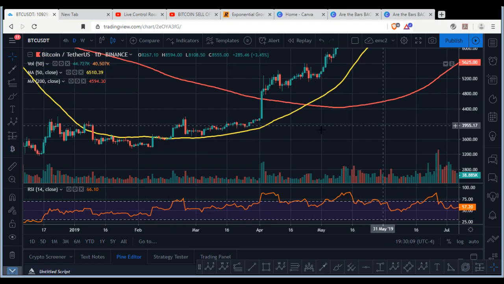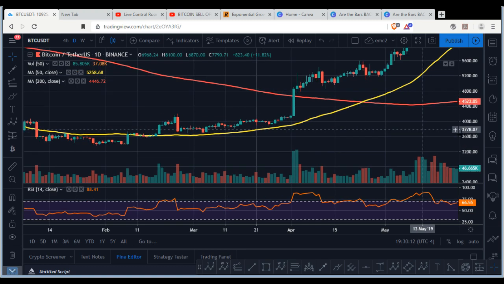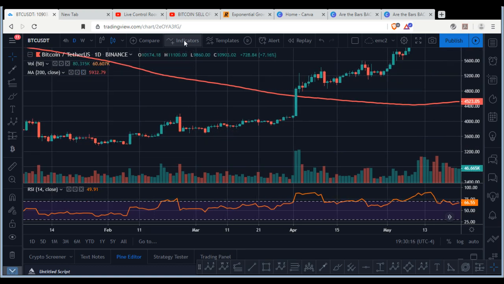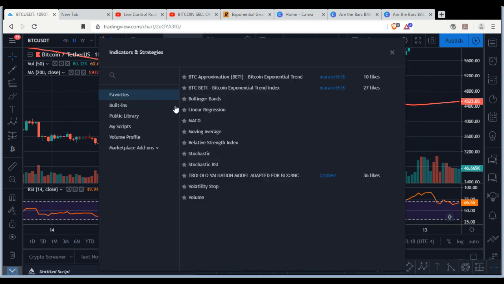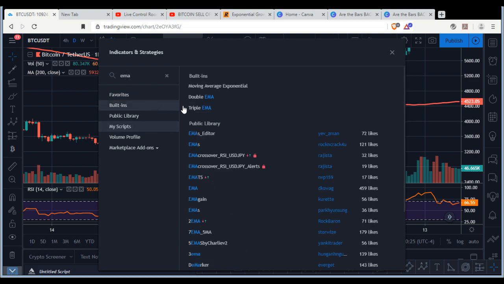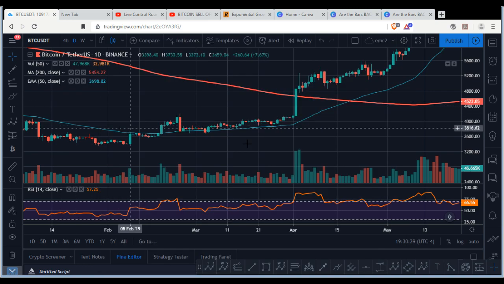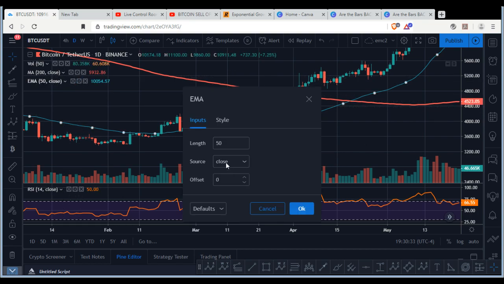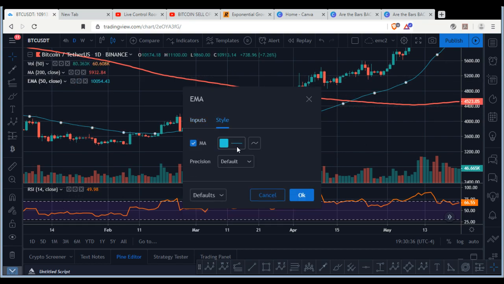You can see the difference. Let me change this, because that's a 50 MA. The 50 EMA, this yellow, let me change it to yellow.